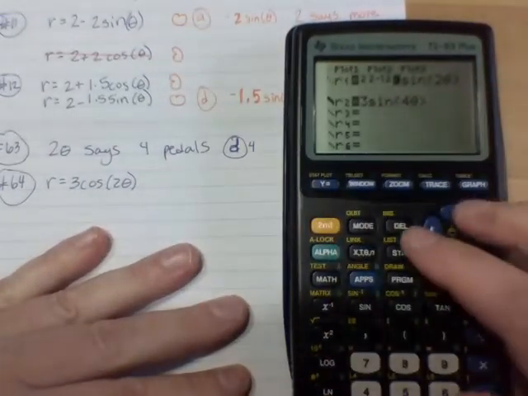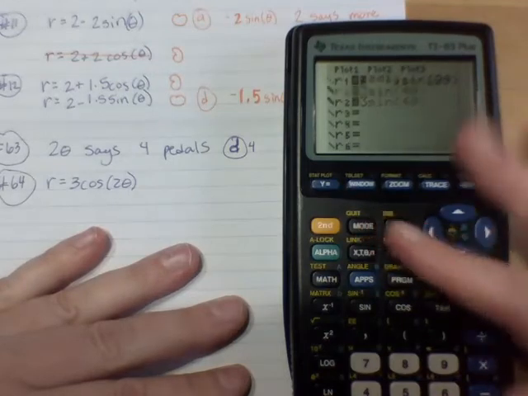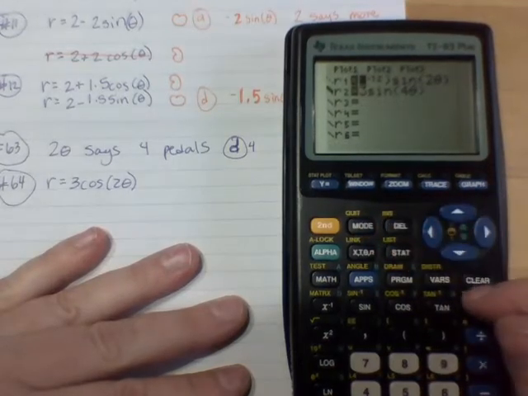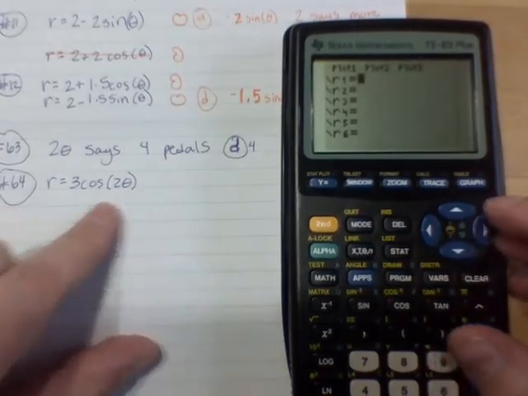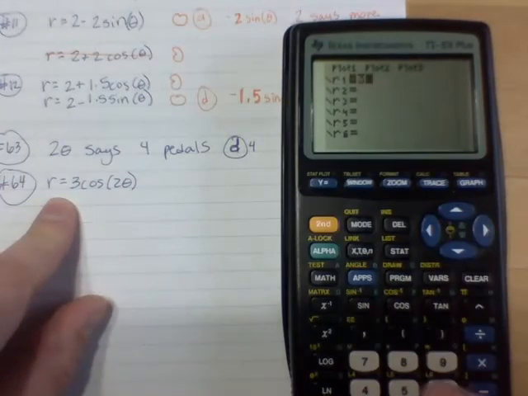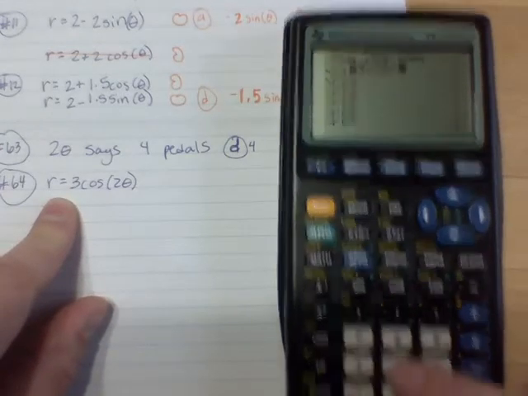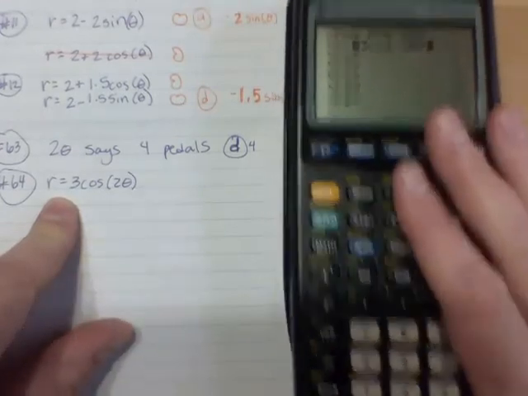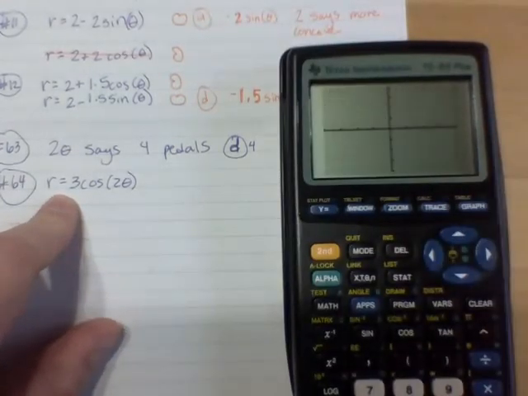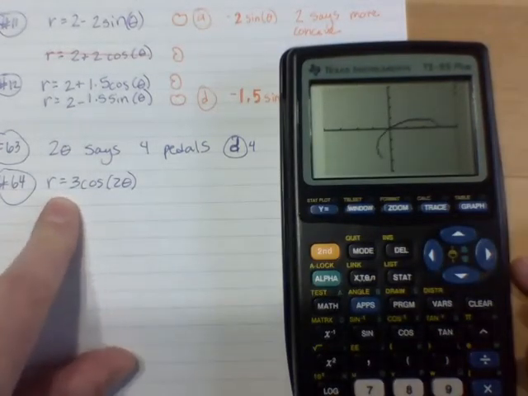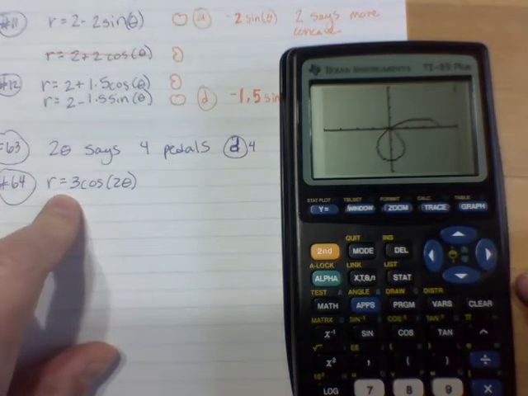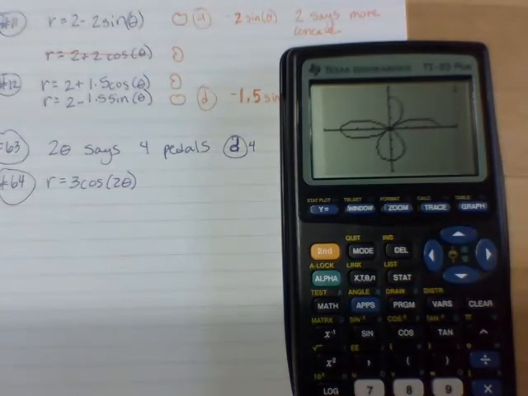So taking a look at our graph. Oops, deleted instead of cleared. Okay, so 3 cosine 2 theta. So we're looking at what kind of symmetry we get.